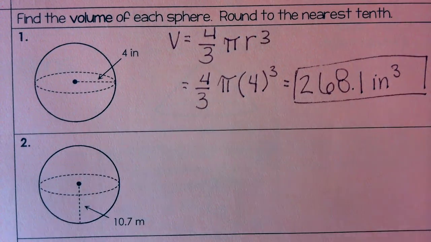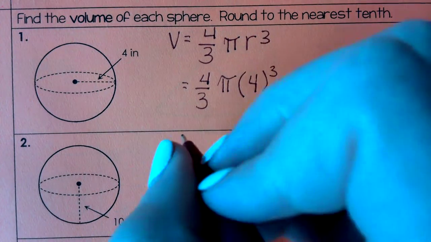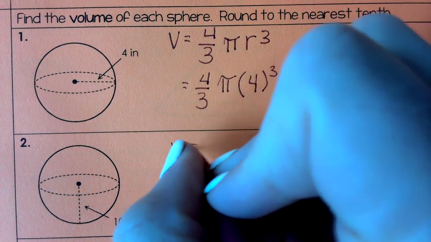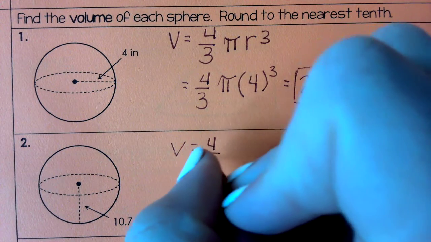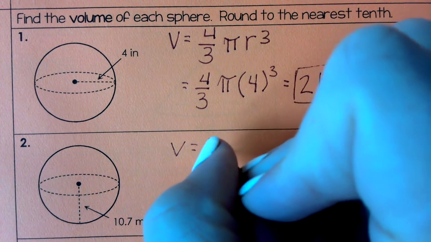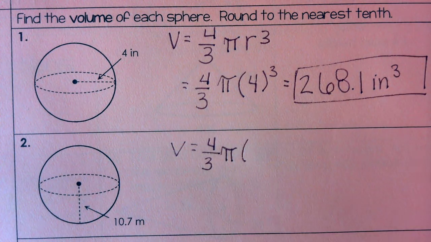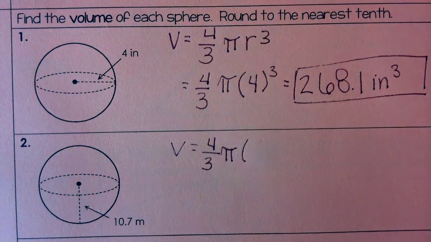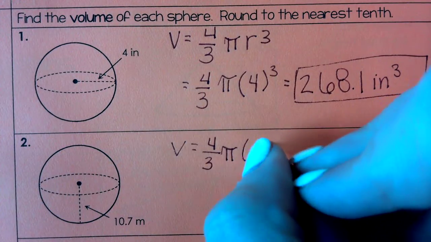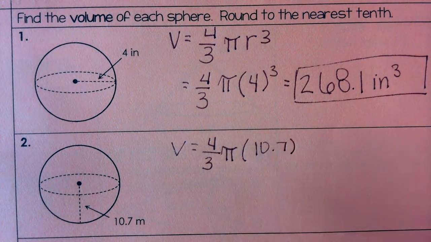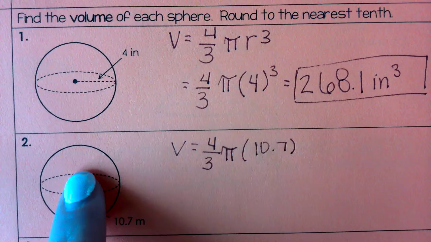Okay. Then on number 2, I'm going to have 4/3 times pi times what cubed? 10.7. Very good. Because remember, like I said, your radius doesn't have to go sideways. It can go down.